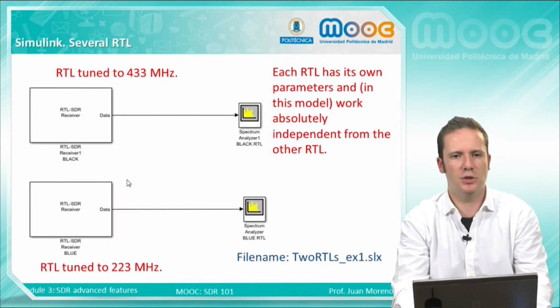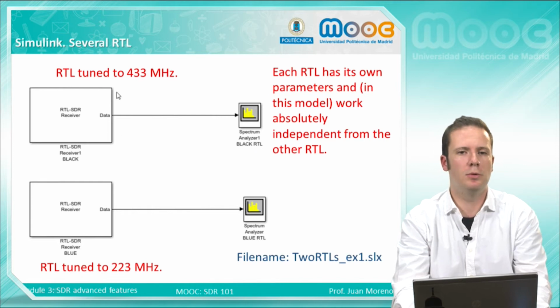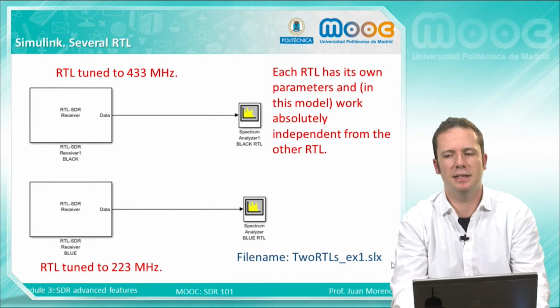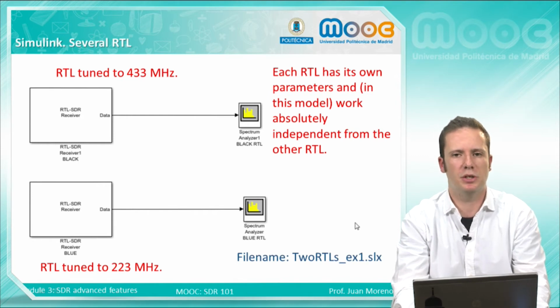I will explain you in the slide. We will have two RTL boxes, and we will connect each one of them to a separate spectrum analyzer box. So we will be able to see the band around this frequency, the 433 megahertz, and also in a separate window the 223 megahertz band. You have this example in the 2RTLS X1 SLX file in the course repository.